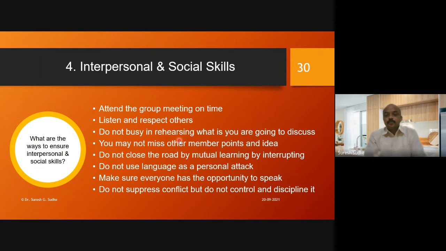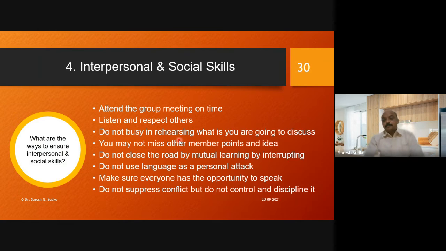Then you should not interrupt the meeting in between. At the end of the meeting, you should challenge any point if you require. Do not use the language of personal attack. Make sure everyone has the opportunity to speak.